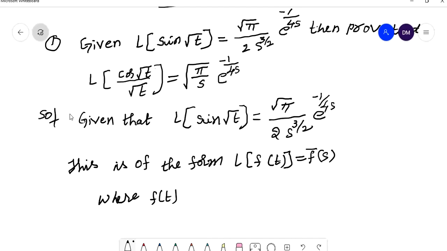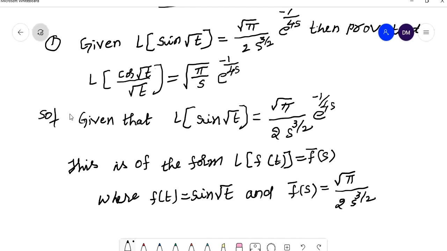If you compare these two, f of t is equal to sin root t, and f bar of s value is root pi by 2 into s power 3 by 2 into e power minus 1 by 4s. Right?